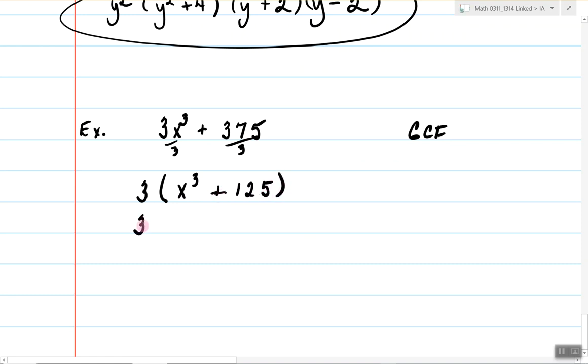Keep the 3, but this binomial, there's a perfect cube, and 125 is a perfect cube. And it doesn't matter if it's sum or difference, we can factor either one. Small parentheses, large parentheses. In here go the roots. X, keep the sign, plus, cube root of 125 is 5.